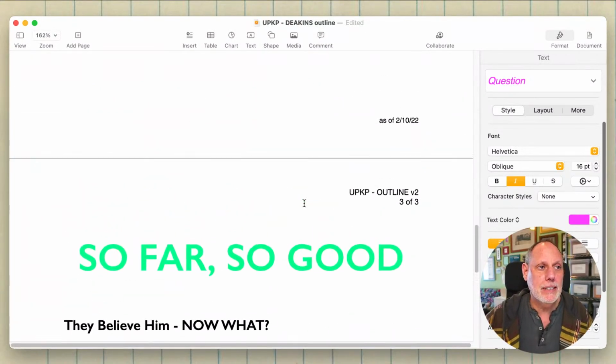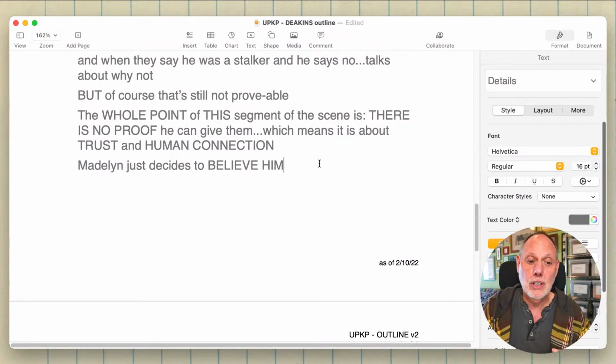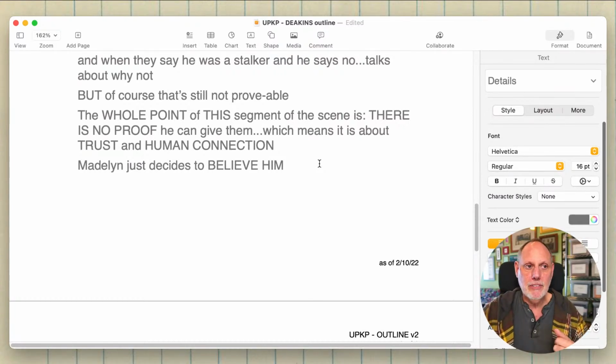And what has happened is he has told them a little bit about himself, and even though he can't prove that he is in fact this notorious cold case serial killer, Madeline, our lead character, kind of just believes him. She trusts him. She gets a feeling, a moment of connection, and she says, you know what? I believe him. And that is a turning point in the scene.